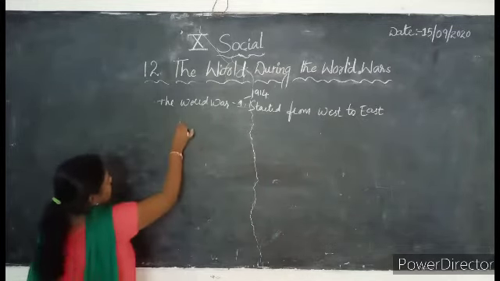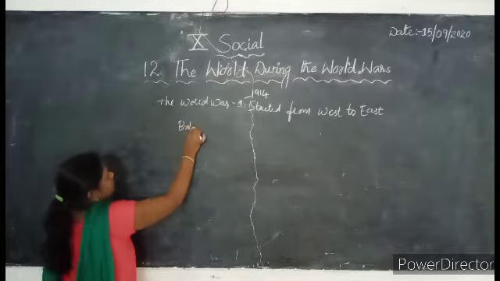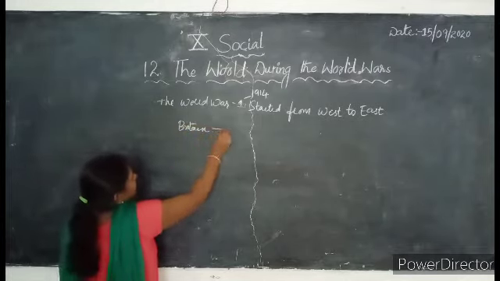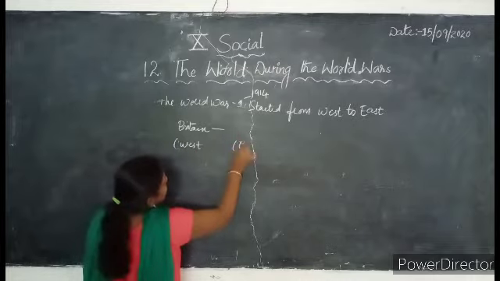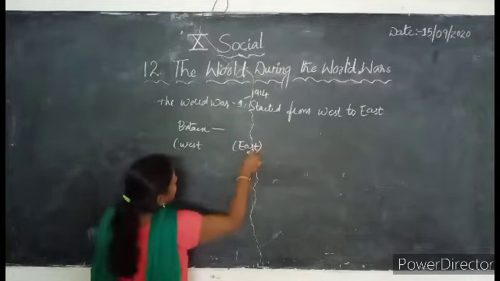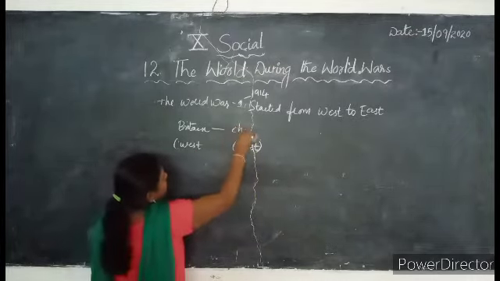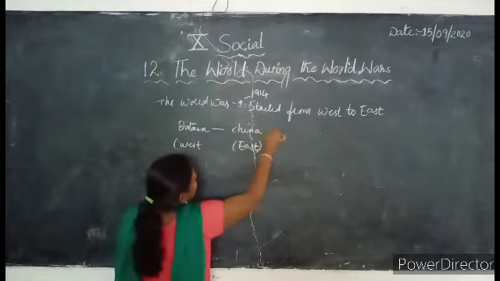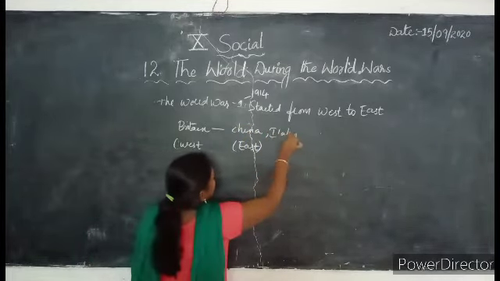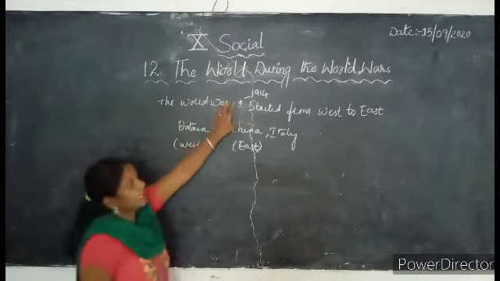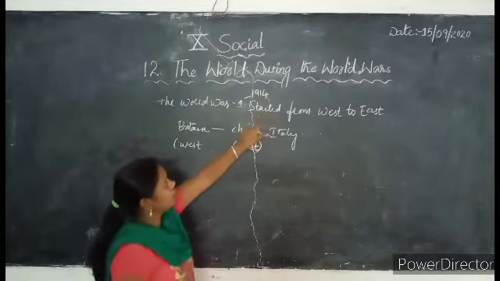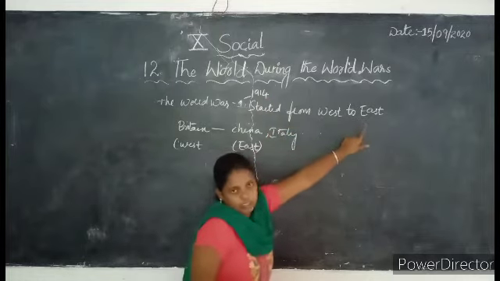For example, from the west, Britain, and here in the east you can take China and Italy. So World War One was started in the year 1914 from the west to east.